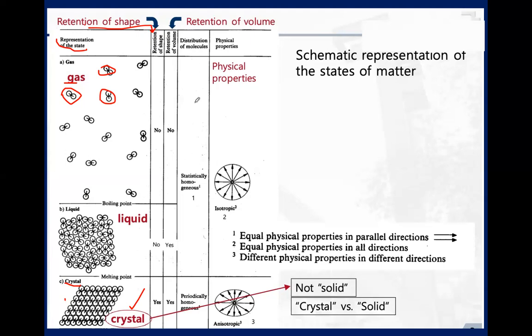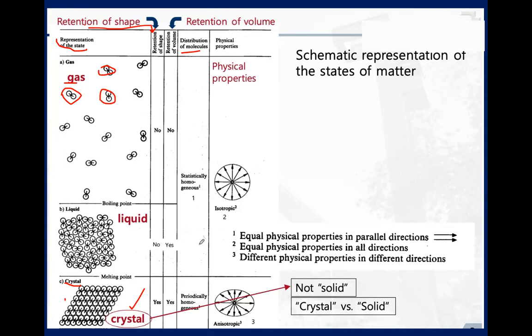And regarding the third column item, distribution of molecules, it is random in gas, right? In the gas and liquid, maybe some homogeneity is there. That's why you can measure the composition of the atmosphere in different places and you will get the same composition.